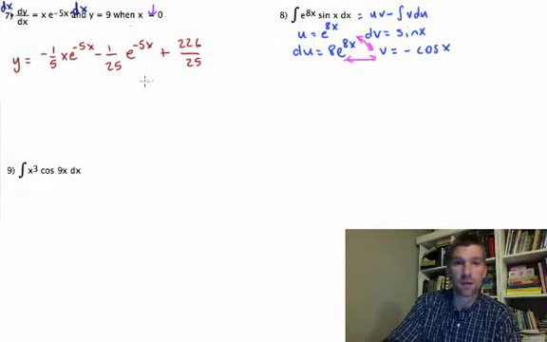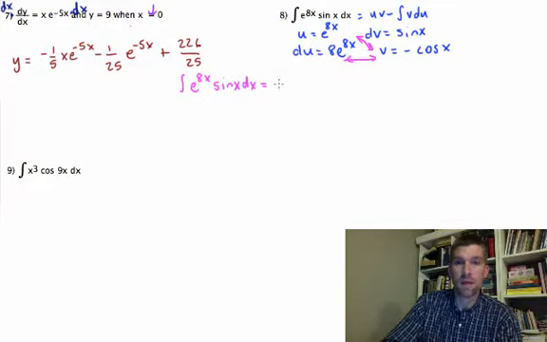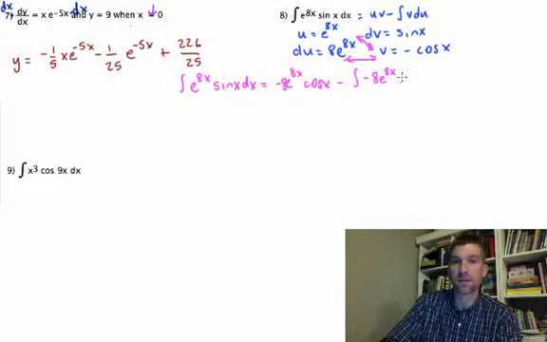And I'm going to start way over here so that we've got plenty of room. We get this guy equals negative e to the 8x, negative 8e to the 8x cosine x minus the integral of negative 8e to the 8x cosine x dx.